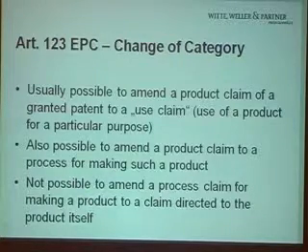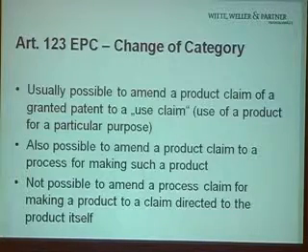Also, it would be possible to amend a product claim to a process for making such a product, if the process itself is disclosed, of course. In this case, it would also be considered a narrowing of the claim, since a process for making a product would be considered narrower than the product itself, which is the broadest protection.